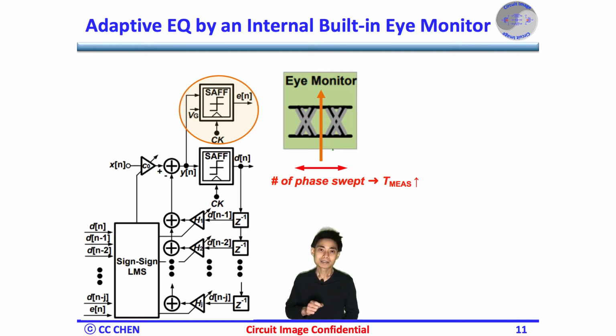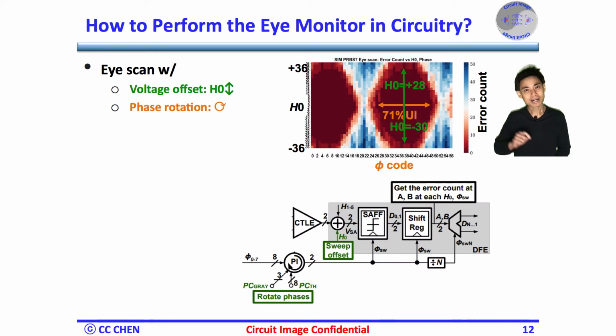So, the eye-monitor-assisted adaptive equalization could be an option, but requires a further optimized algorithm or approach to reduce the converge time. After we understand why and the limitation of the eye monitor's usage, let's look at the eye monitor's circuit issues further.